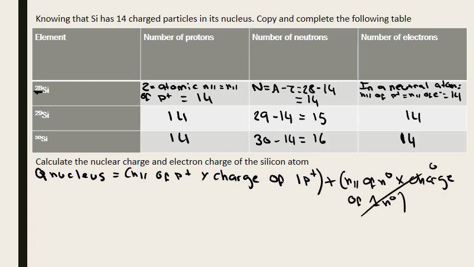This is 0. Neutrons don't have charge, so this equals 14 times plus 1, which equals plus 14.